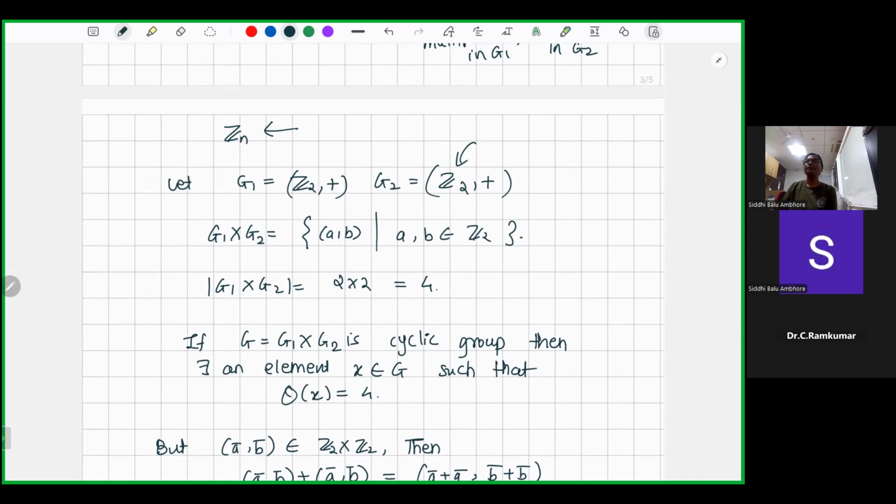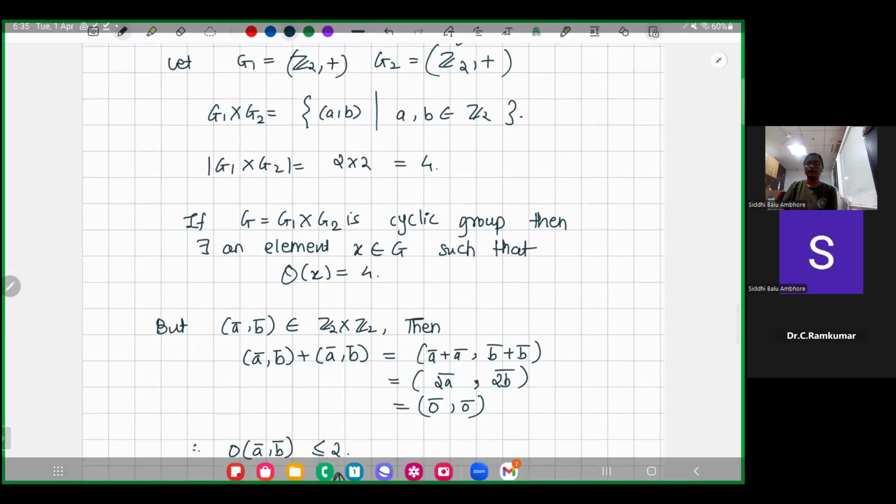But every element in this new group G, that is Z2 cross Zn, where n is a multiple of 2, will have order at most n. You can observe that. You can verify that.